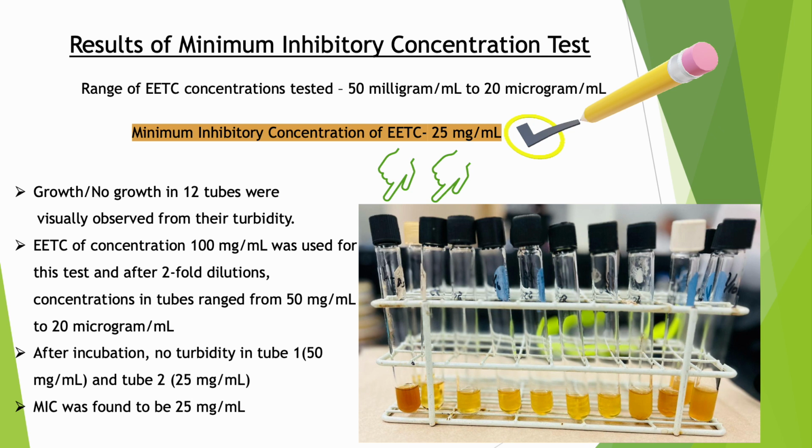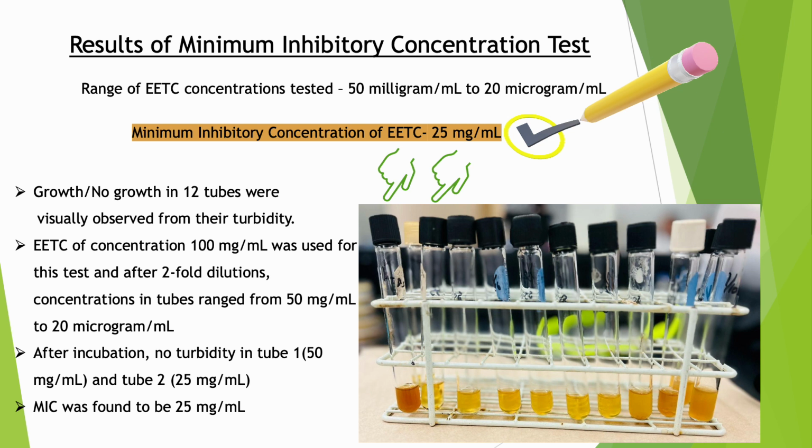Following the inhibitory effect test, we wanted to determine the minimum inhibitory and bactericidal concentrations of ETC. So we followed the two-fold broth dilution method. After two-fold dilutions, the concentrations of ETC in these test tubes ranged from 50 milligram per ml to 20 microgram per ml.